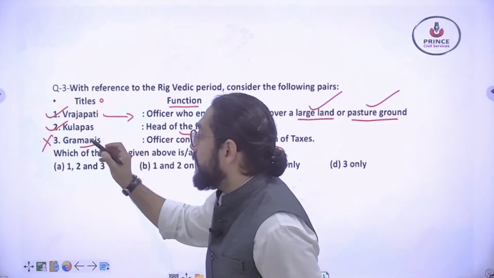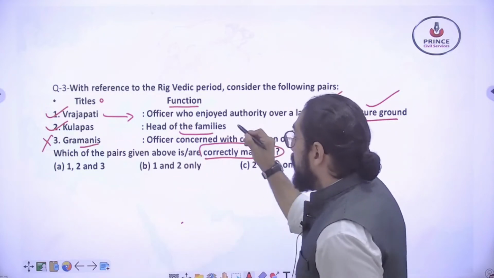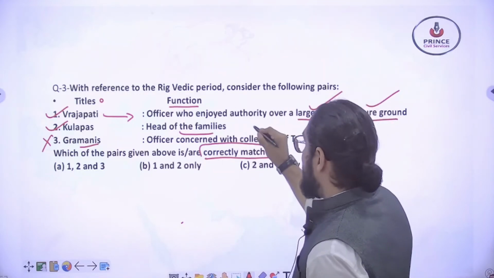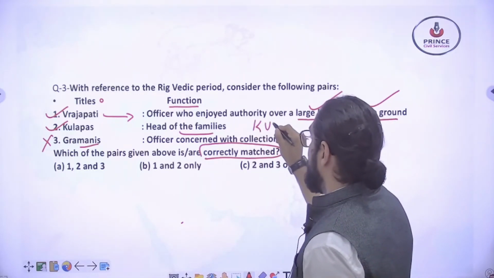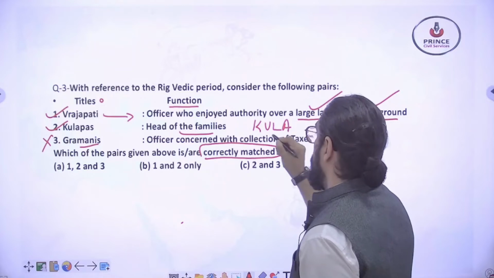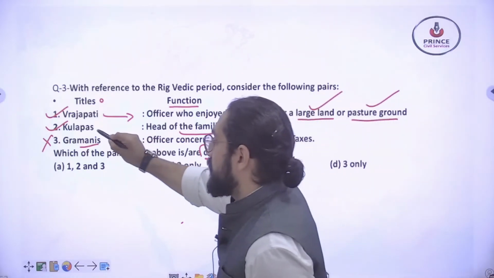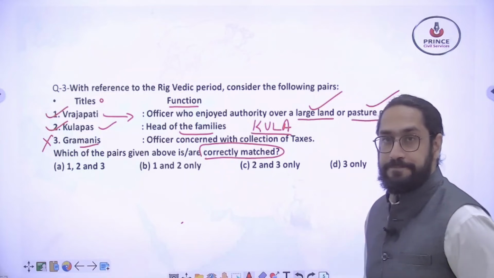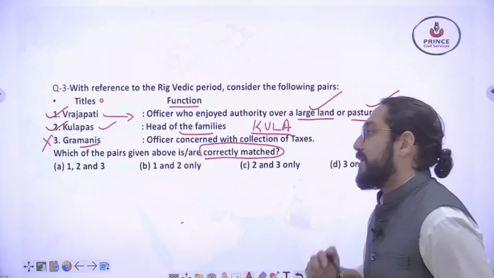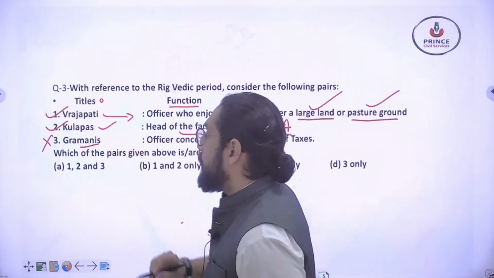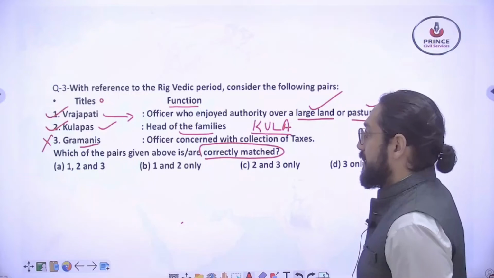Then second, Kulapas. In those days, the basic unit was the Kul, or the family, and the head of the family was known as Kulapa.